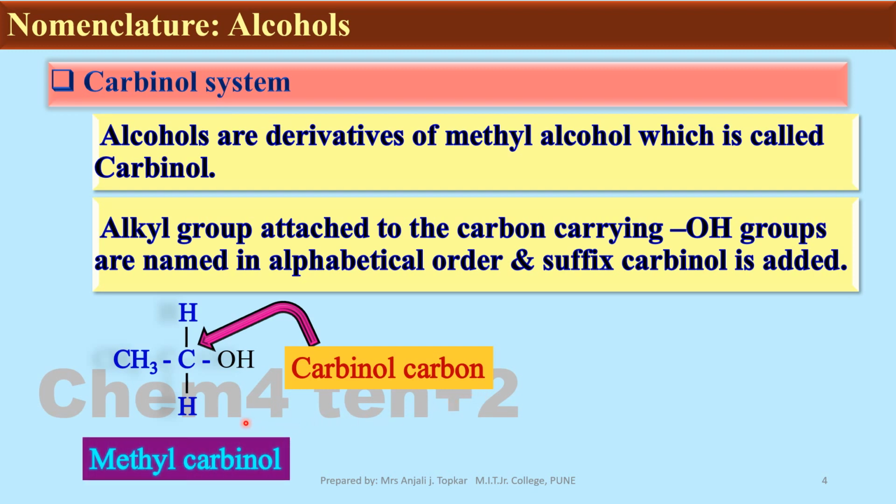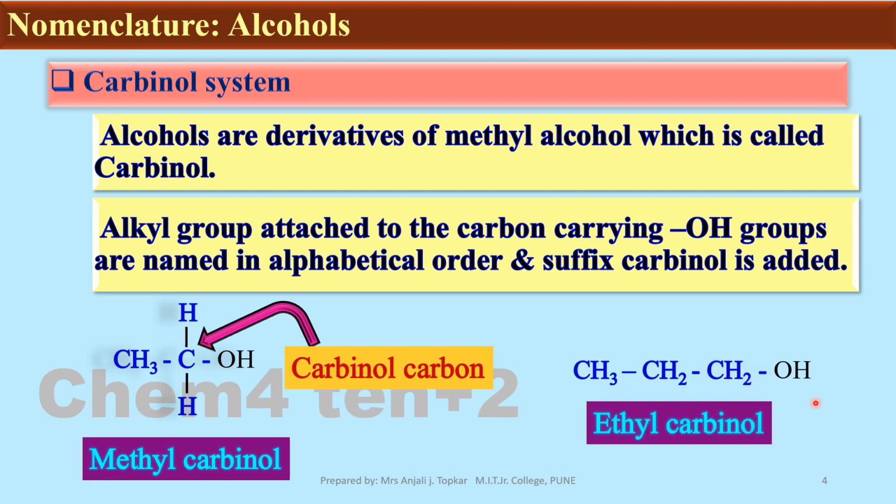And the name of the compound is methyl carbinol. Let's take another example. CH3, CH2, CH2OH. Here, this is the carbinol carbon. The name of the compound is ethyl carbinol.